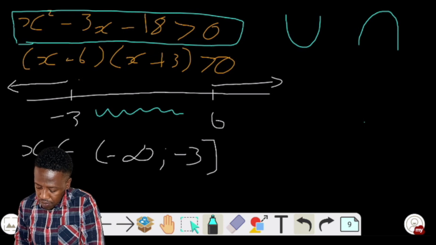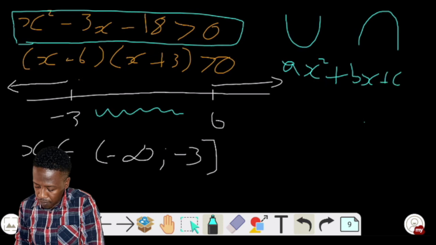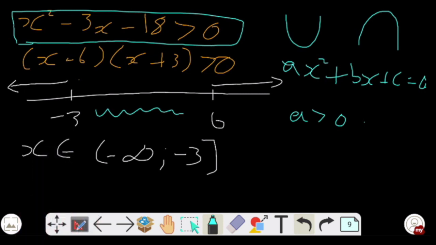If your a is positive in a standard quadratic form, meaning it's greater than 0, your graph will be a smiley face.